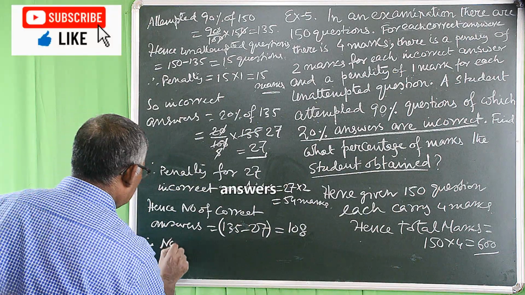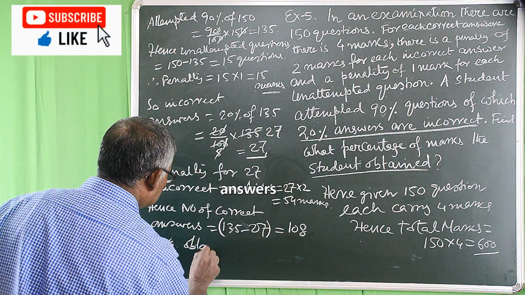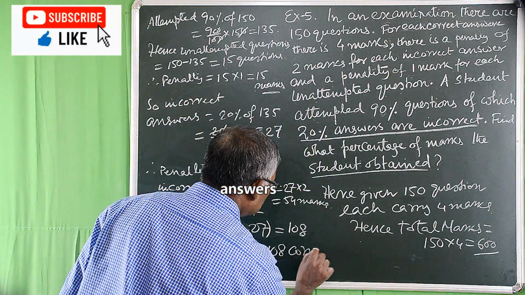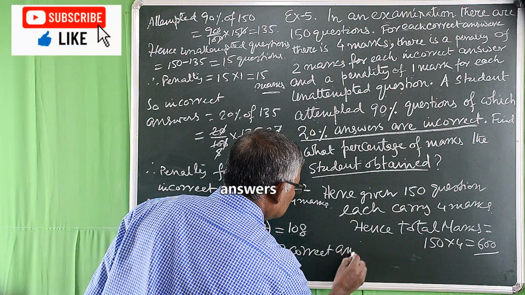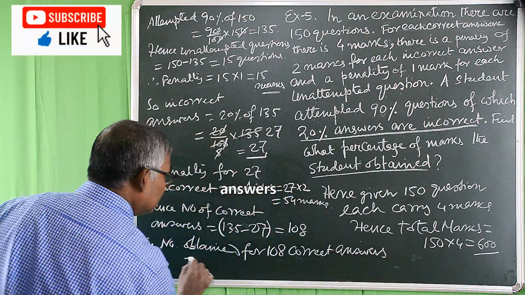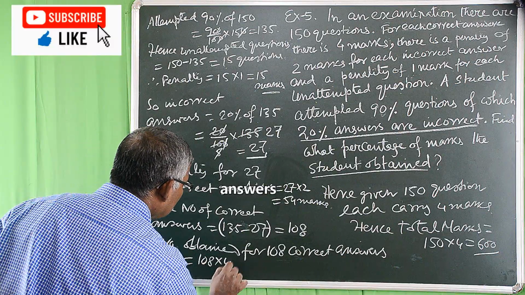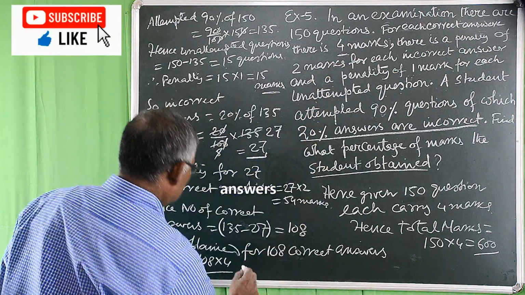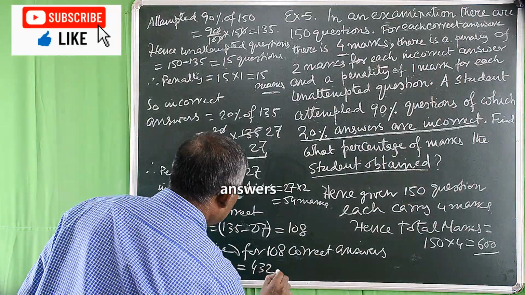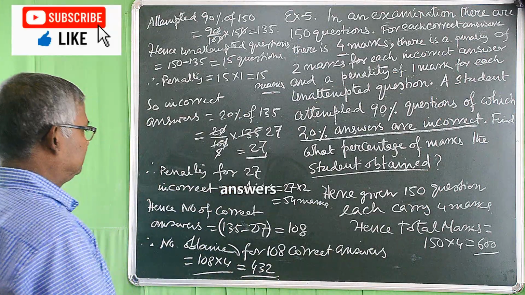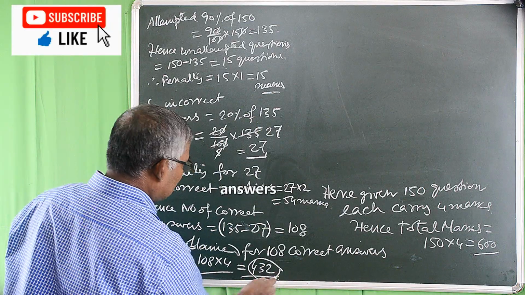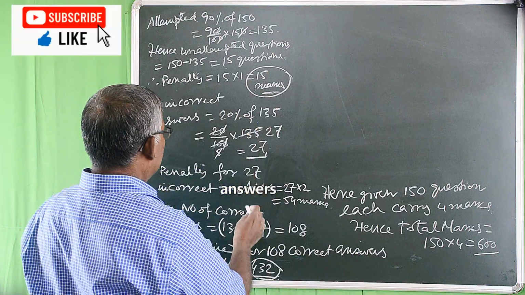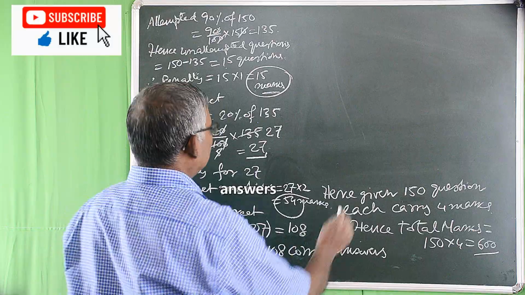Therefore, marks obtained for 108 correct answers equals 108 into 4. For each correct answer, there are 4 marks. So he obtained 432 for correct answers. Therefore, the student got 432 marks for correct answers, and there are 2 penalties, that is 15 and 54.